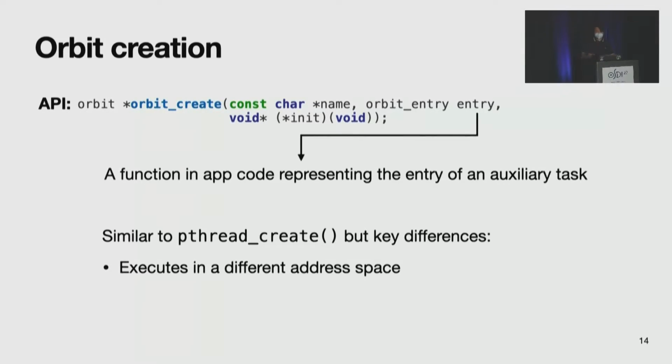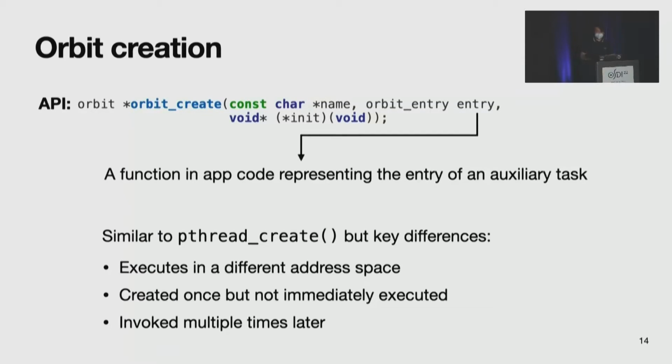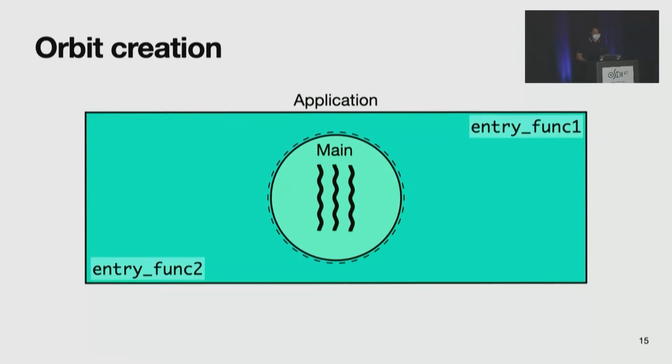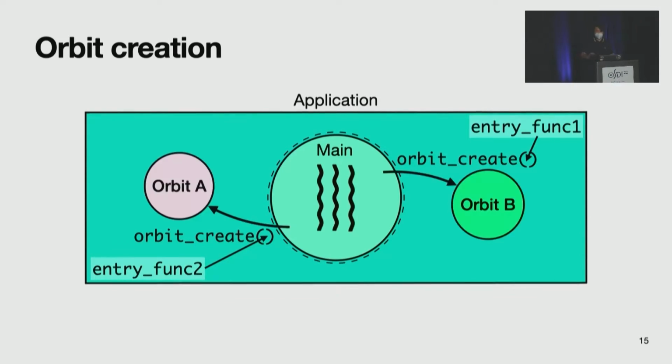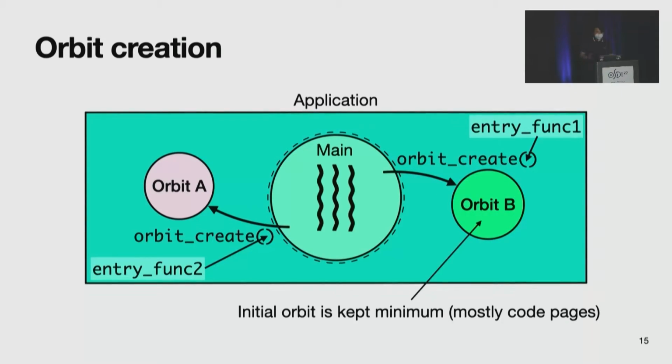Orbit runs in a separate address space. It gets created once, but will not execute immediately. It can be invoked many times later. From the application's point of view, the created orbits are bound to the main program. The orbit's initial address space is kept minimal, mostly only sharing code pages.